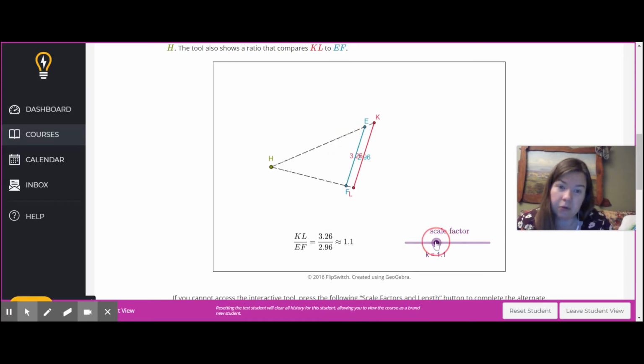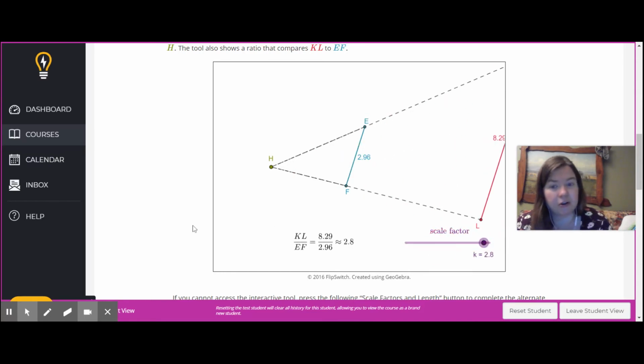If it equals 1, it's the exact same thing. So if the scale factor is bigger than 1, it makes it bigger. Less than 1 makes it smaller, but notice it can't go negative. Negative doesn't work. So between 0 and 1 makes it smaller, and above 1 makes it bigger. That's what you need to know.